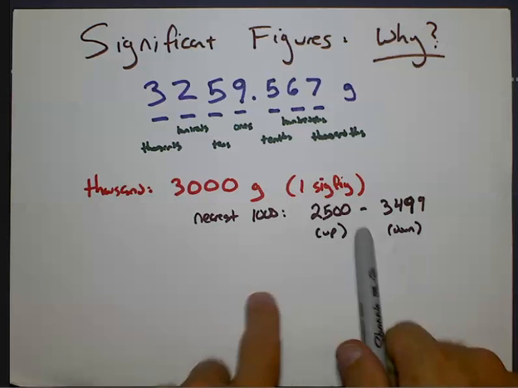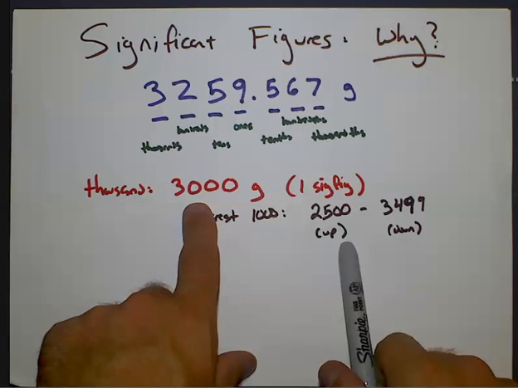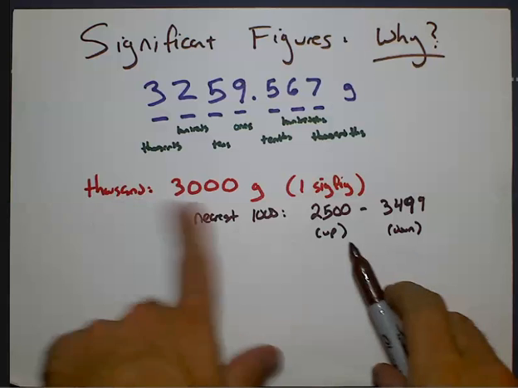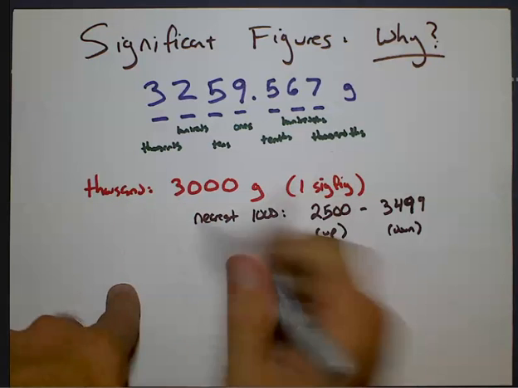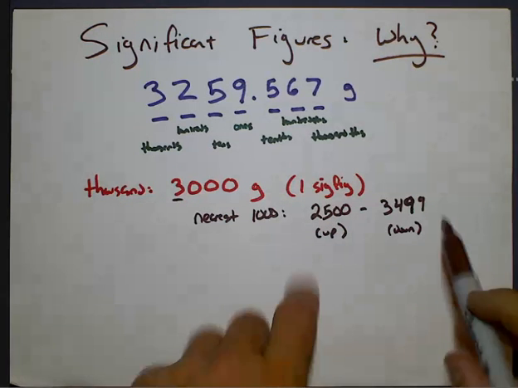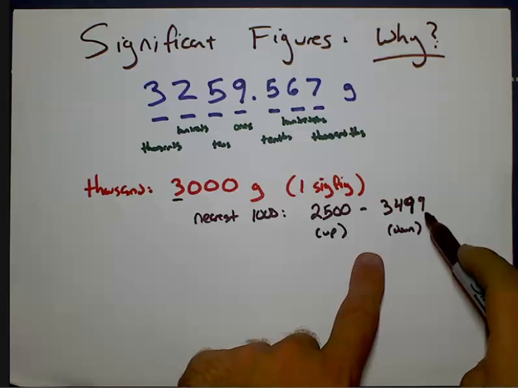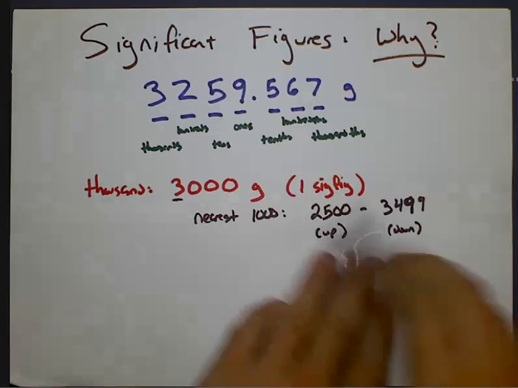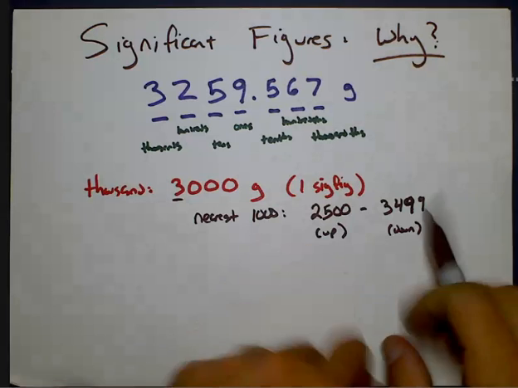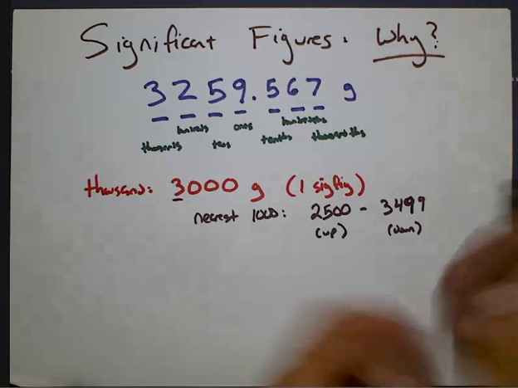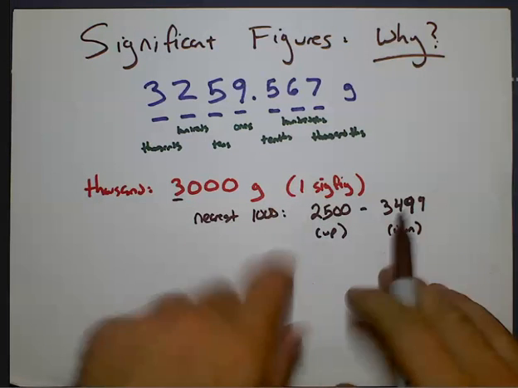If we just see the number 3,000 and we know that it's to the nearest thousand, here is your one significant figure. It could be anywhere in this range, 2,500 up to 3,499. That's a range of 500 on either side, a total range of 1,000.